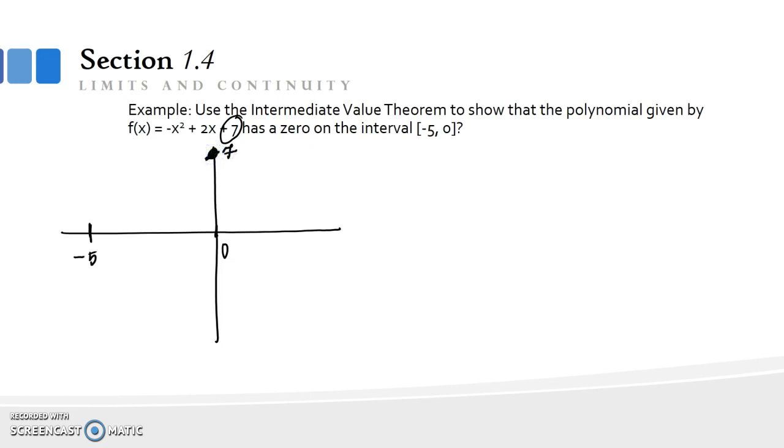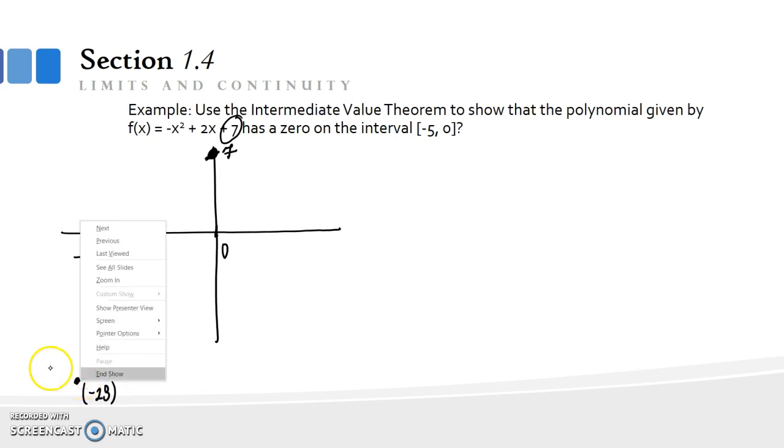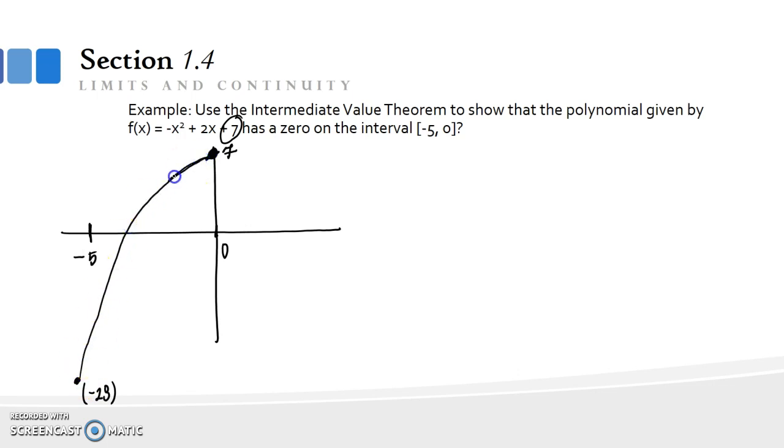Then I also want to figure out what's the y value if I plug in negative 5. So when I plug in negative 5, the value that I get out on the other end is going to be negative 28. So I'm down here somewhere. So in order for a continuous function to get from negative 28 to 7, no matter what happens in between, it has to pass through all of the y values.